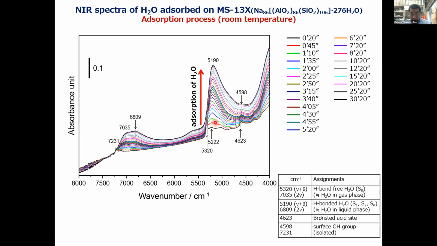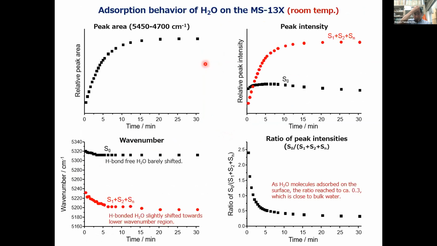And this band increased to 5,200 wave numbers. This is water molecules close to a liquid phase. And this is the behavior of water adsorbed on the zeolite. This tendency is quite important.